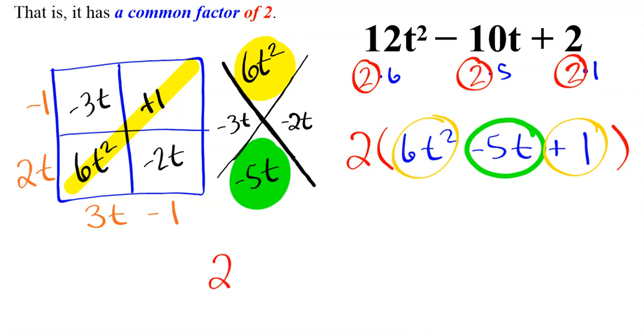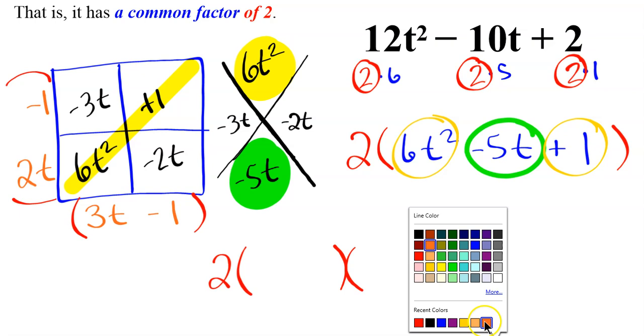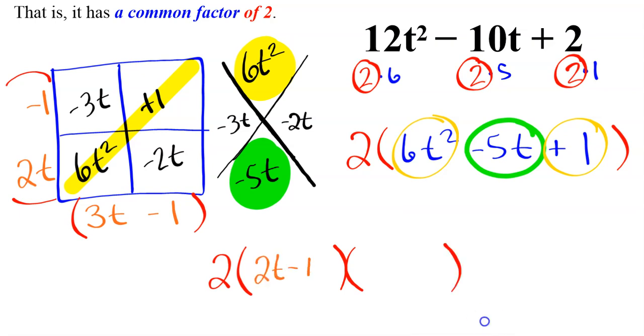We still have the 2 times the 2 pieces that we have over here. So we now have 2t minus 1 and 3t minus 1.